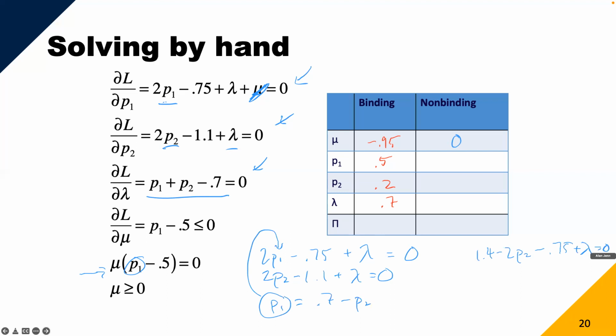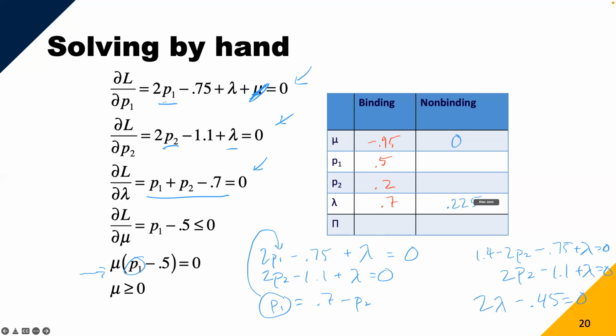I now have 2 equations with 2 unknowns. The other equation is 2p2 minus 1.1 plus lambda equals 0. You can add these together, and my p2s will cancel out. So that will be 2 lambda minus 0.45 equals 0. And then I can solve for my lambda, which is going to be 0.225.